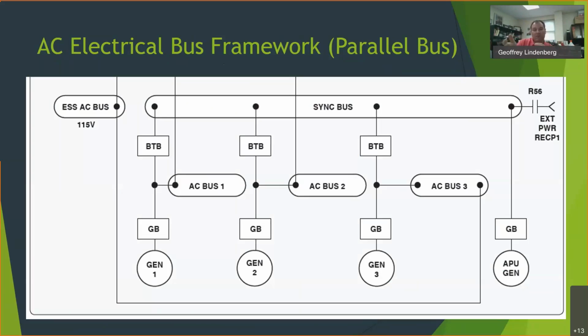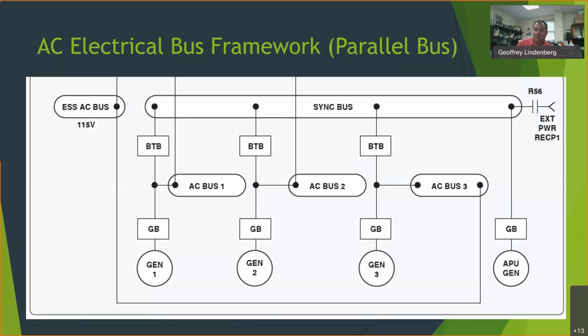A parallel bus comes from the fact that the phases of the 2 or 3 generators are all going to be together, synced with one another. And that's where the term comes from; you can see there's a sync bus here.